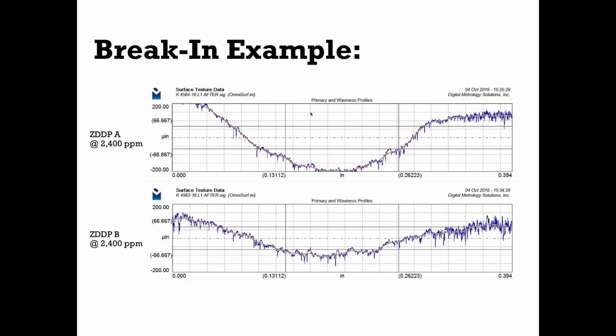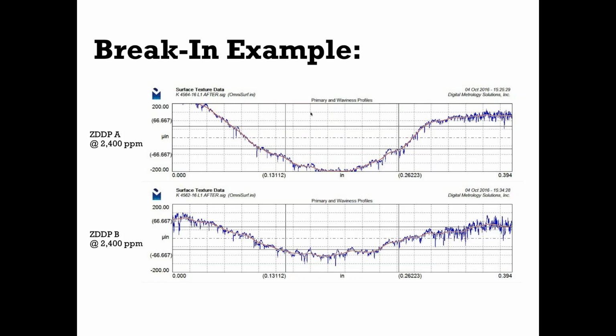And what you're seeing here is an example of using what we call ZDP-A and ZDP-B. You may or may not be aware that when we talk about zinc, you're actually talking about zinc dialkyl thiophosphate. That's the chemical compound. But there's more than one type of zinc dialkyl thiophosphate. There's more than one supplier of it.